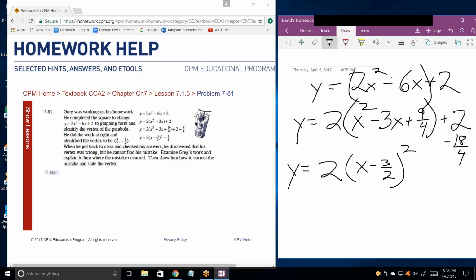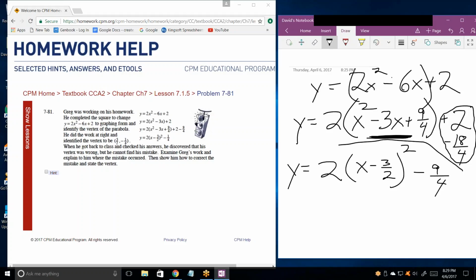In other words, because we completed the square, we know that quadratic factors this way. Always will. That's the whole reason you complete the square, so that I can write it as a binomial term squared. Now, 2 minus 18/4 is minus 2 1/4, or minus 9/4.